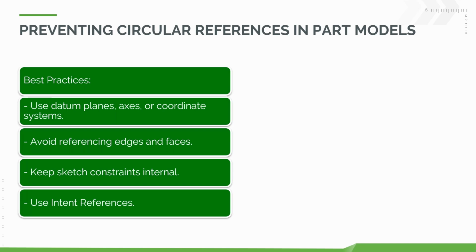Where you can, if you have a choice between an edge and a surface, or a coordinate system to determine a direction for some other feature that you're doing, then certainly do that. Okay. Sketch constraints internal.